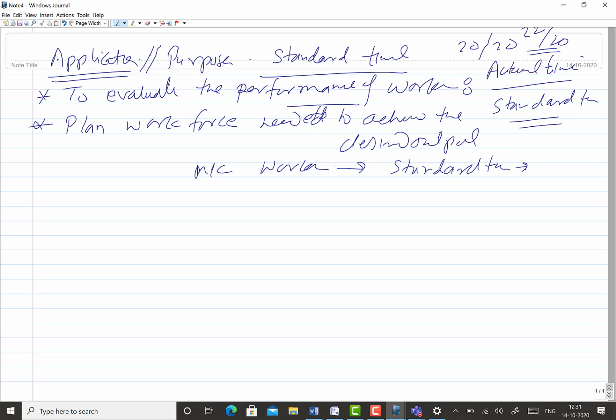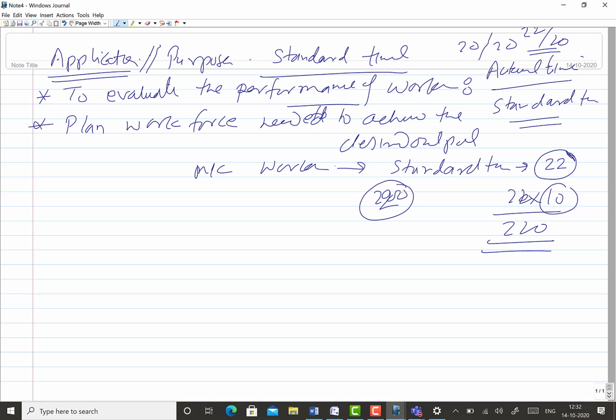As in the earlier case, the standard output of one worker was 22, and if the per day output needed is, say, 220, then we need 10 workers. 22 into 10 will give you 220.